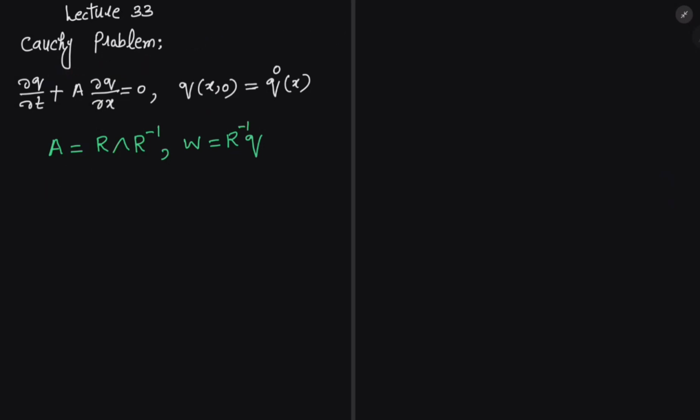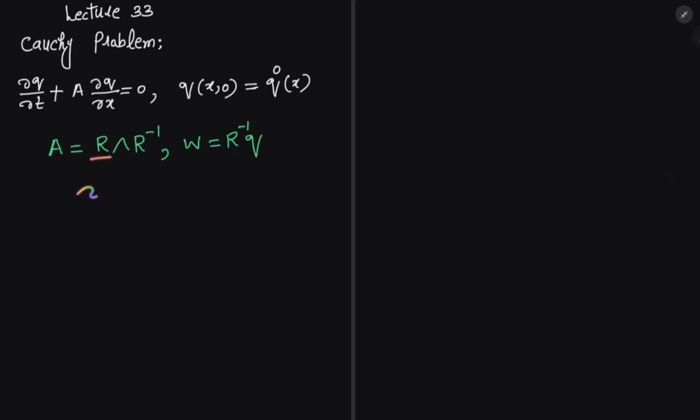For example, we have Q that is Q1, Q2 up to Qm. Similarly, this A is an M cross M matrix.